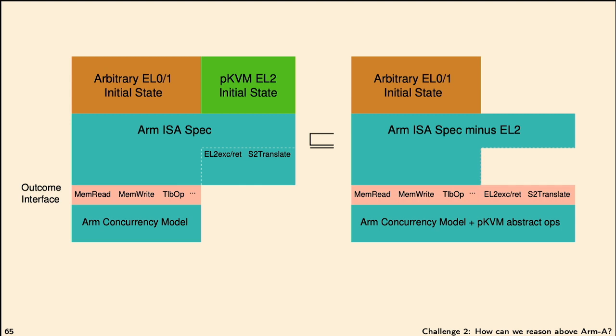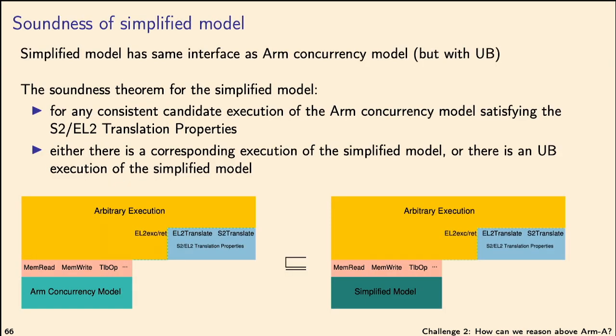And in the course of that we aim to use this simplified model. So what's the soundness of the simplified model? The simplified model just fits in the same place.